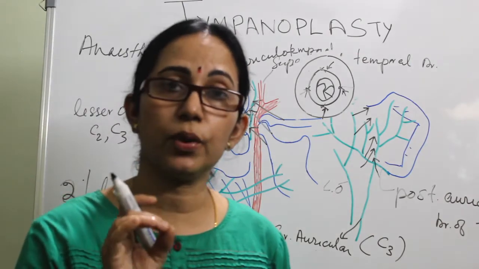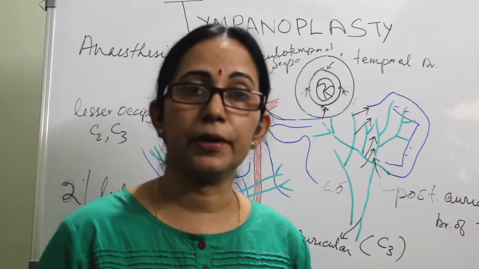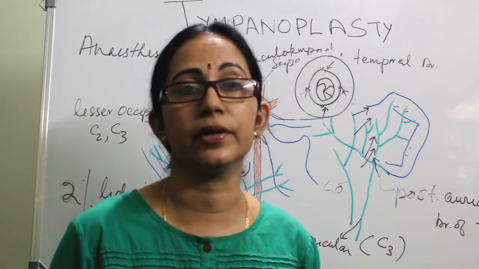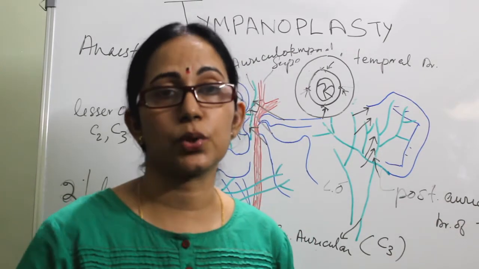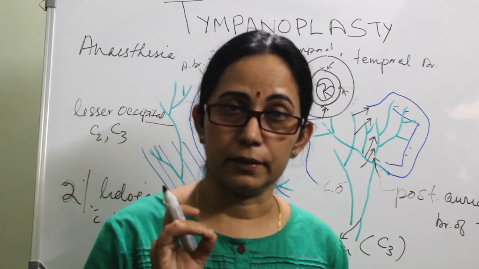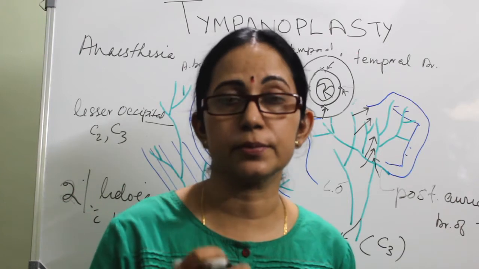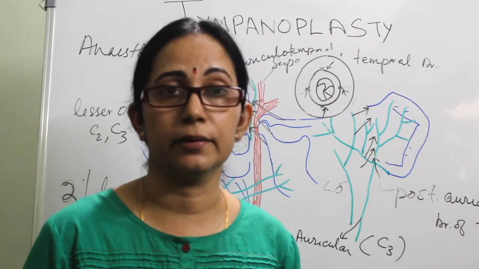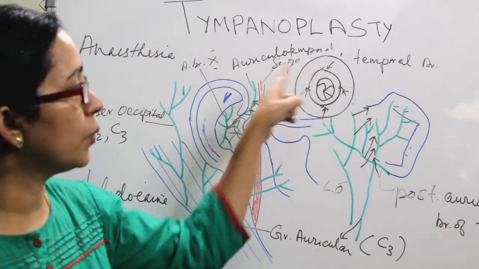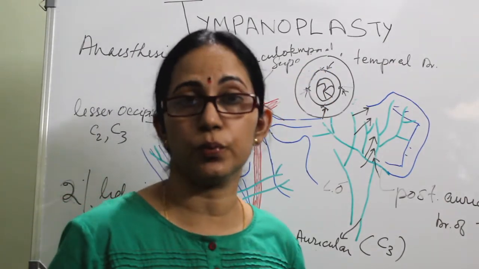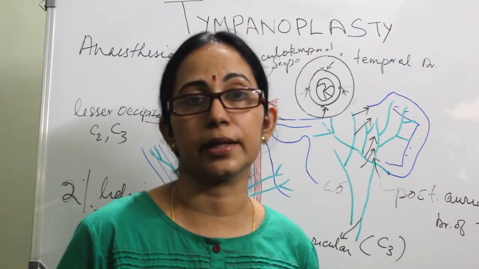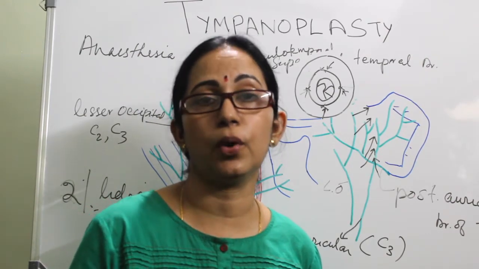So this gel form dipped in epinephrine or a solution of 4% lidocaine with epinephrine can be used as topical anesthetic when you reach the middle ear, and also if there is more bleeding from any area, especially if you inject at this bony cartilaginous junction, there is more chance of oozing, then also you can apply this epinephrine directly either with gel form or in cotton balls.